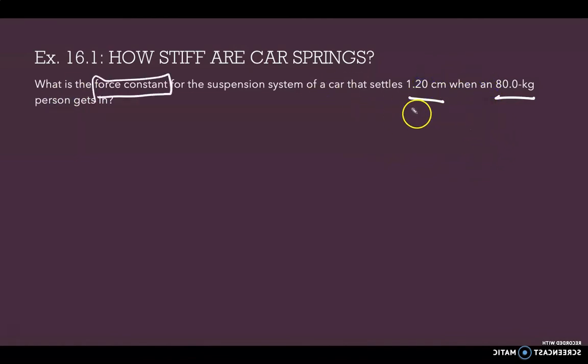Okay, so we just learned from Hooke's law that F equals negative kx. Okay, now if we want to know the force constant, that is going to be solving for k. Okay, so k is going to be equal to negative F over x, using a bit of algebra, okay?